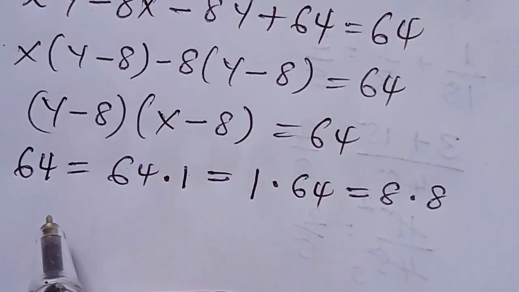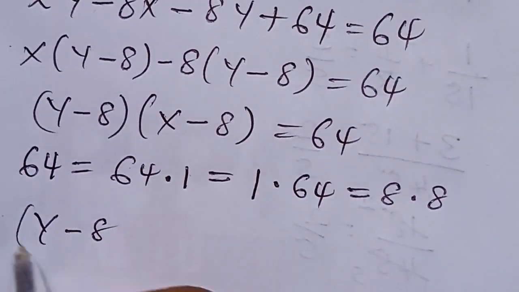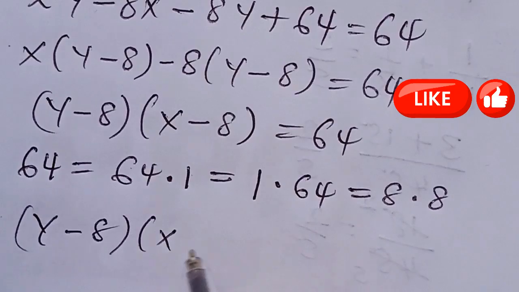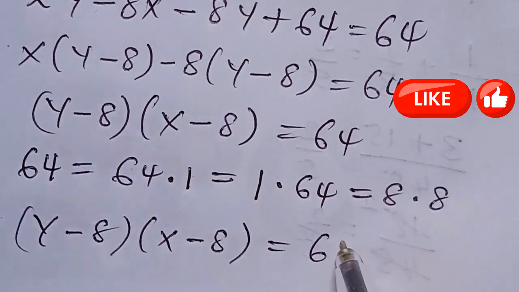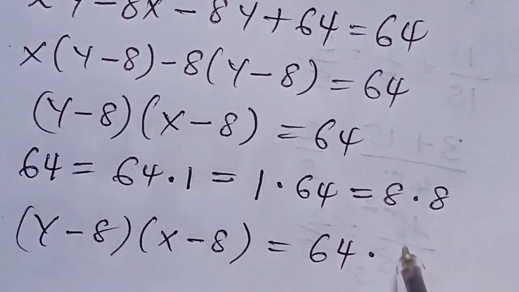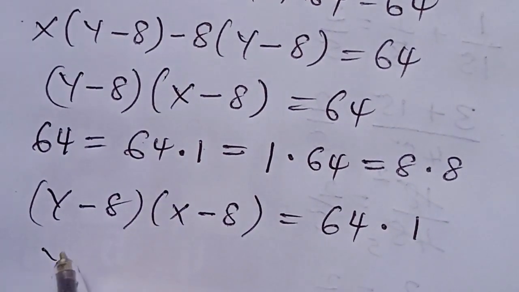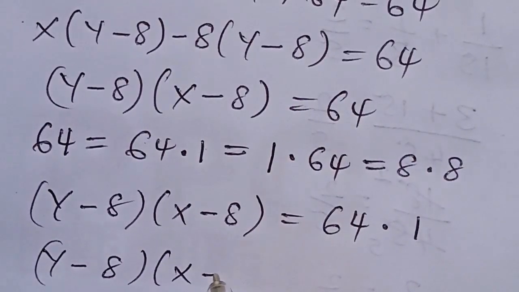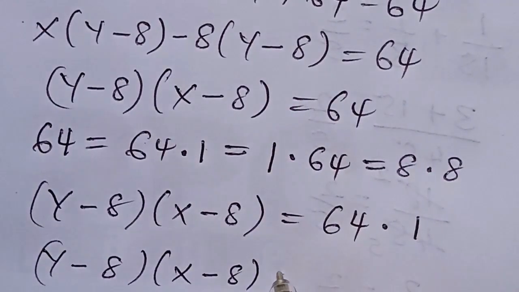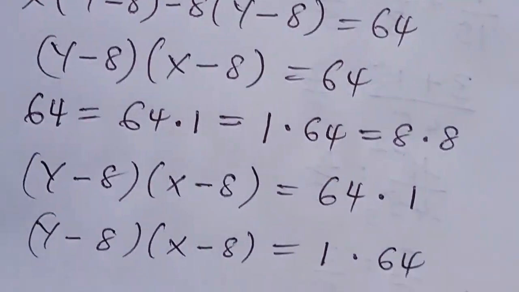Now we can say that y minus 8 into bracket x minus 8 can be equal to 64 multiplied by 1, then y minus 8 into bracket x minus 8 will be equal to 1 multiplied by 64.